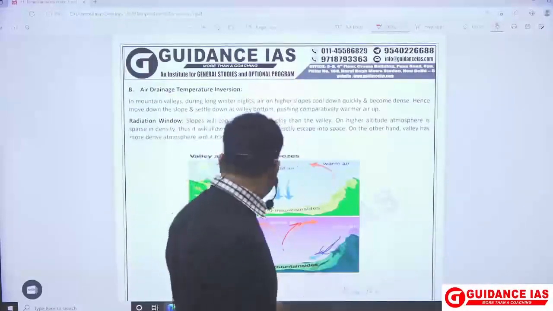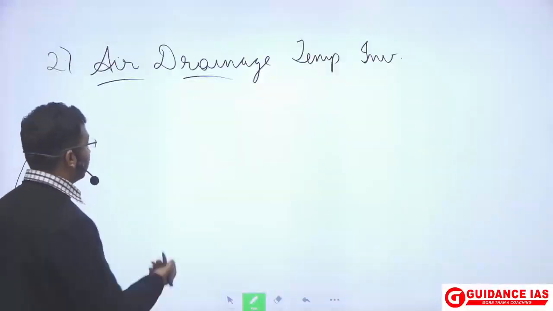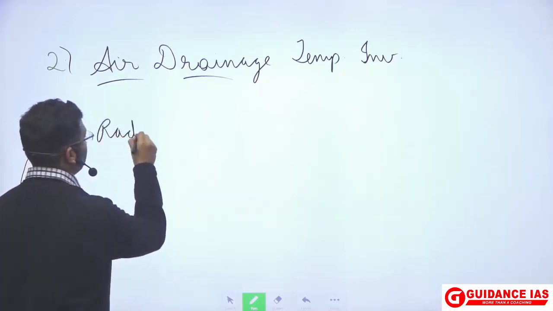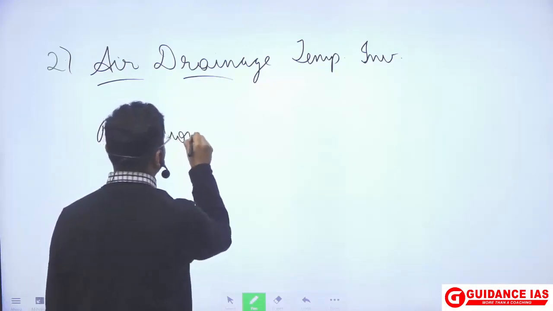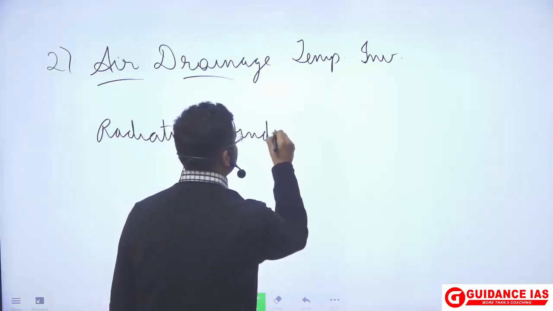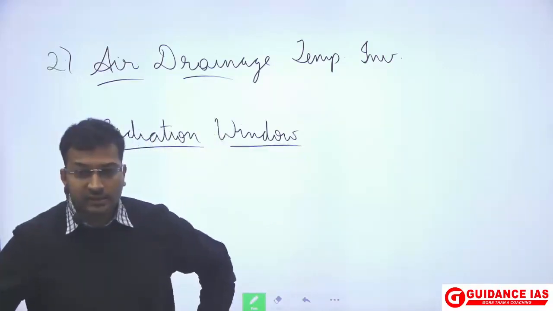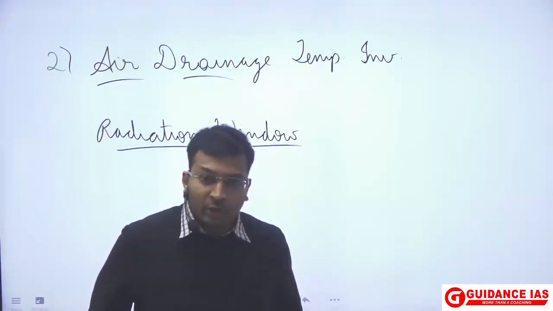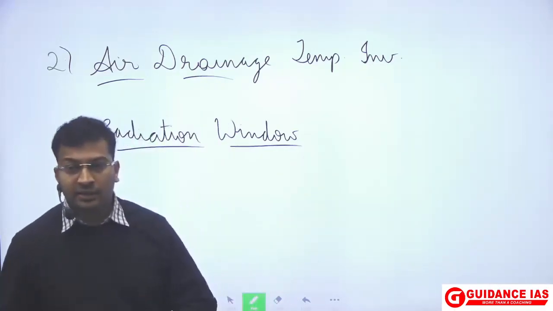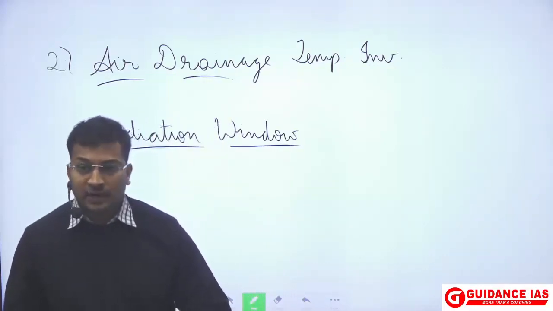Just now I said something about radiation window. The mountainous region, the mountain tops at higher altitude, the atmospheric layers at higher altitude are quite sparse.